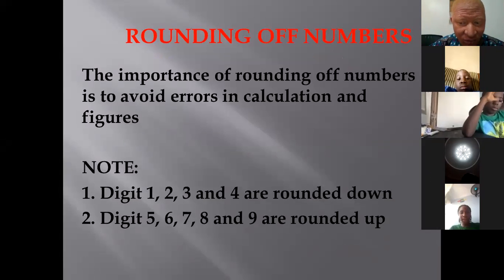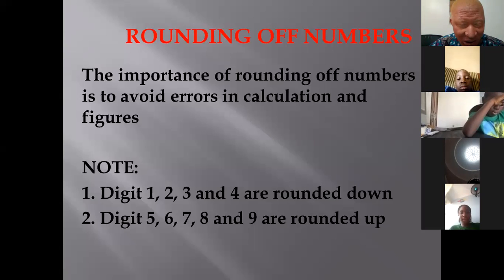That does not mean you remove the particular place value. The place value will still be there, but zero will be occupying it. It's like you are sliding it down to zero because it is just 1, 2, 3, 4. But when you have 5, 6, 7, 8, and 9, you round it up. It means from 5 and above, you turn it to 1 and then you add it to the next place value.